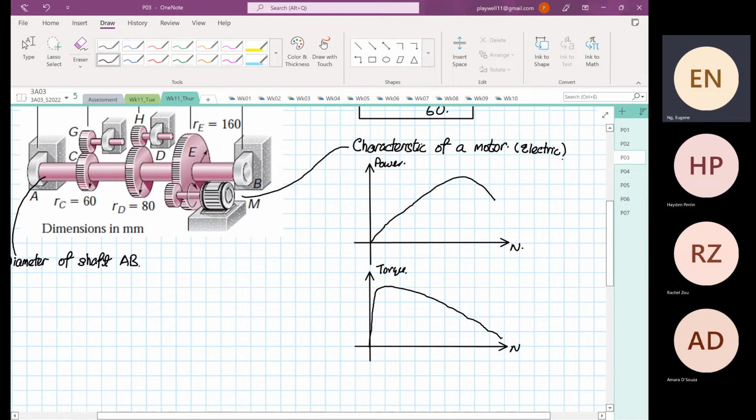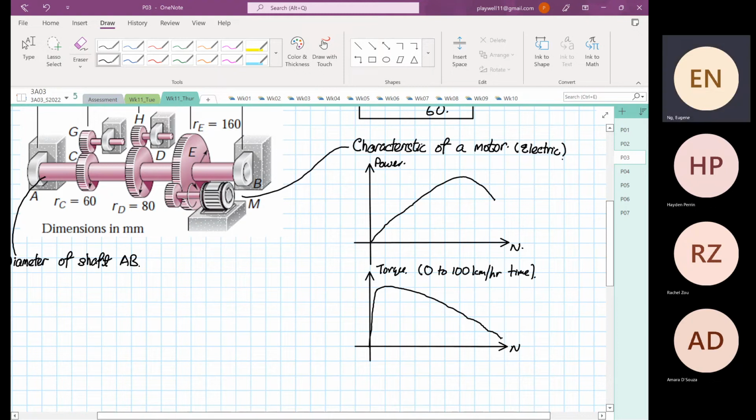So if you look at torque, I'm trying to relate this to a car. Okay. How the torque will affect the performance of an electric vehicle, for example. So the torque will influence the 0 to 100 kilometer per hour time.